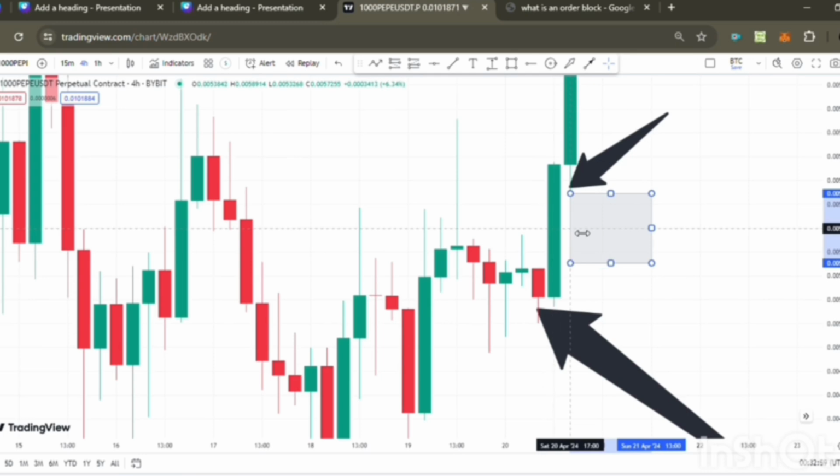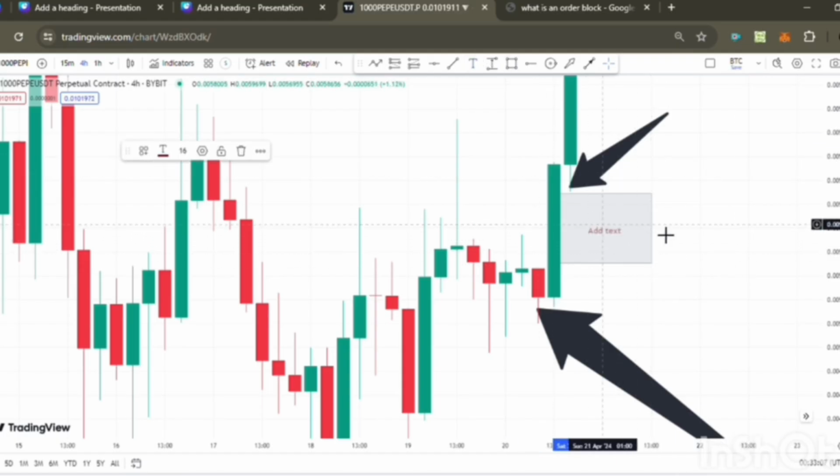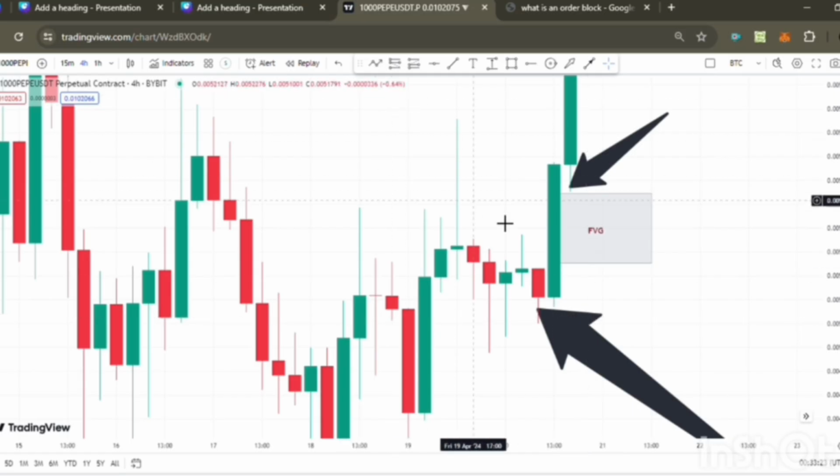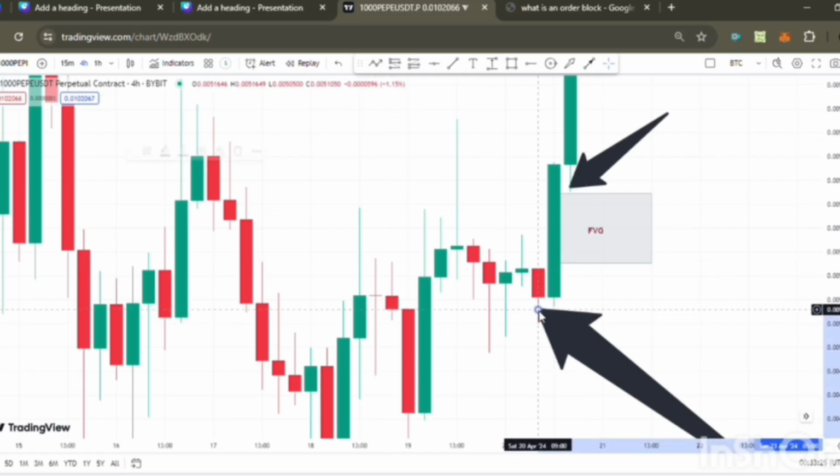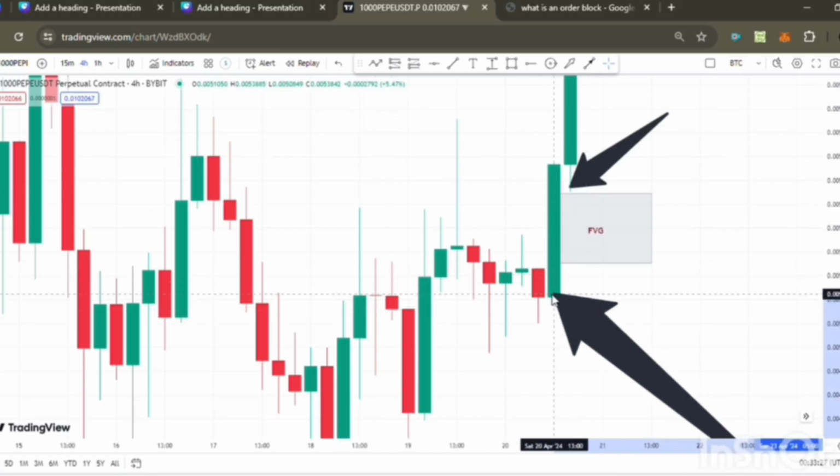All right, and this gap between them is called fair value gap, otherwise known as FVG. All right, so that is for the bullish scenario, right?